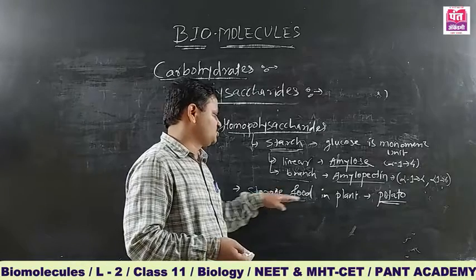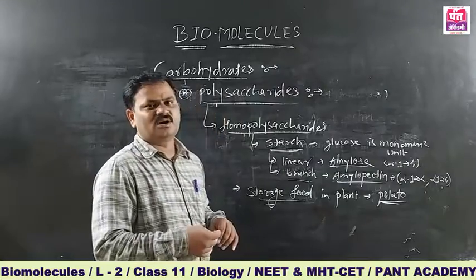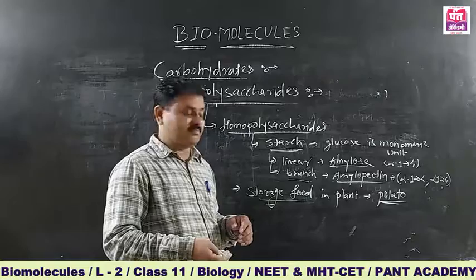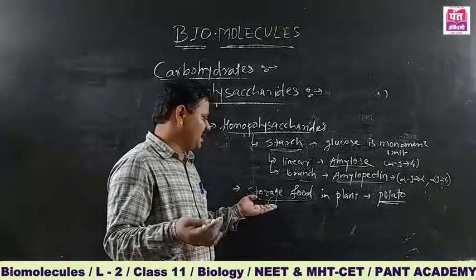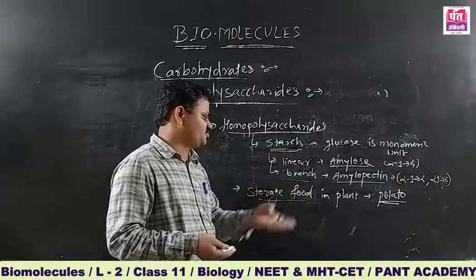So starch can be extracted from potato and from many other modified plant parts that store it as storage food.